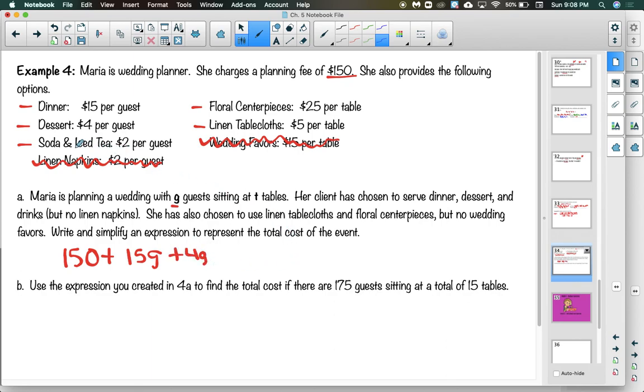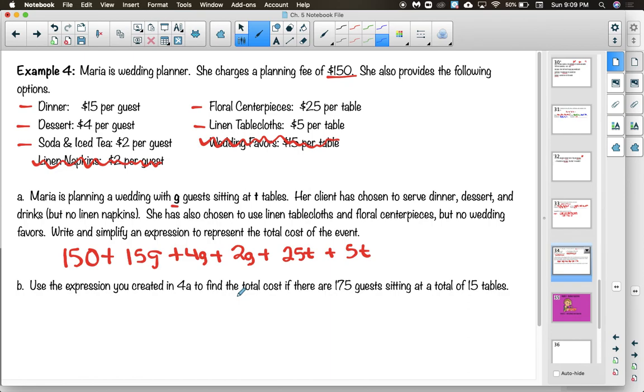We're going to pay for drinks, $2 per guest. We're also going to pay for centerpieces, but our variable is going to change here because we're paying $25 per table now. Not per guest, per table. And linen tablecloths are $5 per table.